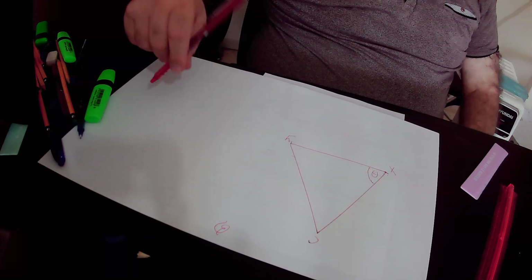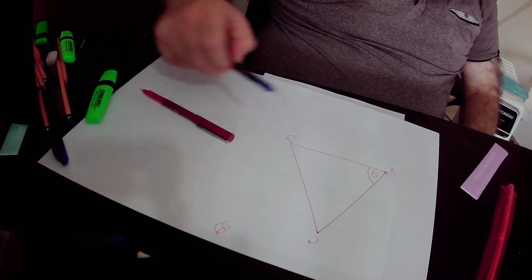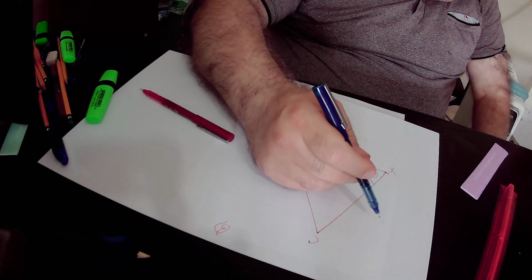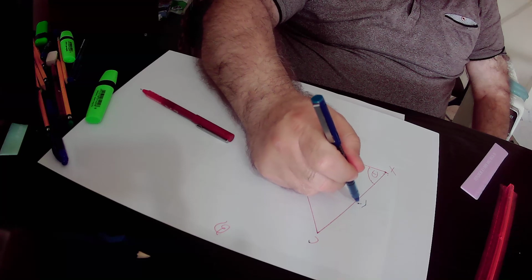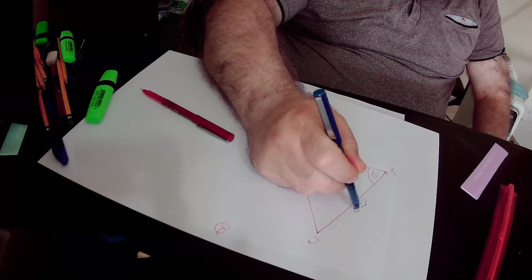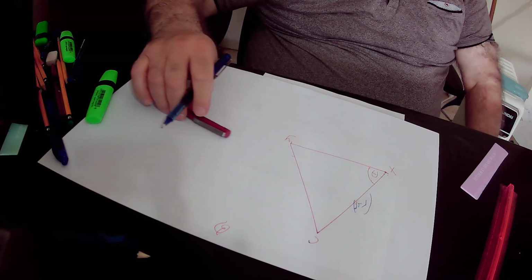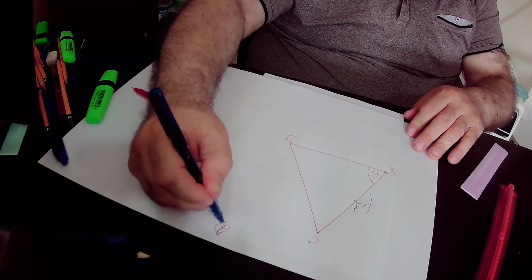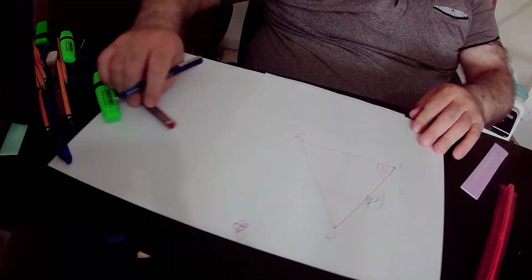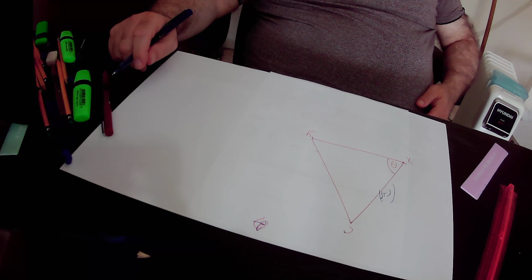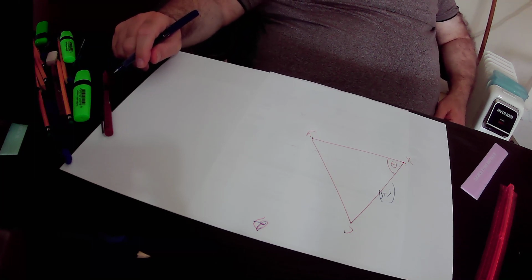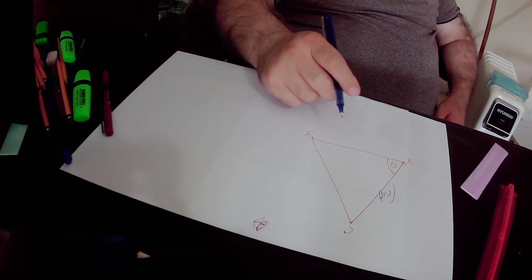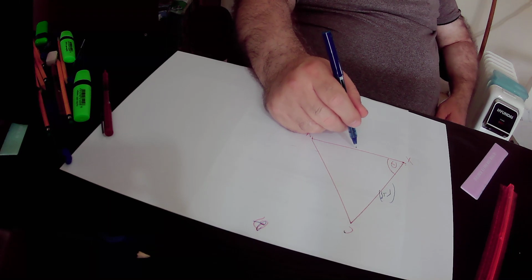And we have already found out that XC is equal to R plus 5. We found out that XY is equal to 10 units.